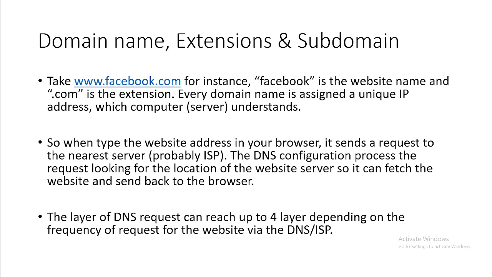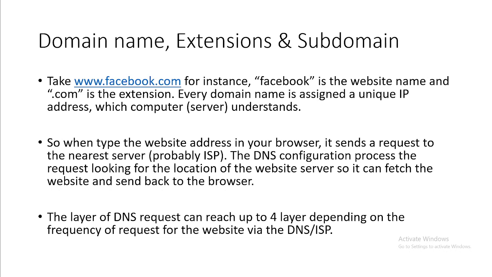Every domain name is assigned a unique IP address which computers and servers understand. So when you type the website address in your browser, it sends a request to the nearest server, probably your ISP, internet service provider.